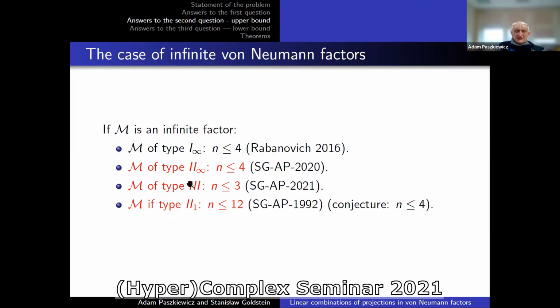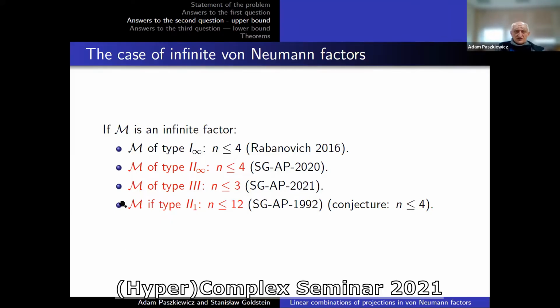And in particular, after this result of Rabanowicz, we also have results for other types of factors obtained just 2 years ago. We know that in each infinite factor we have 4 projections for each operator, such that the operator can be represented by a linear combination of these projections.